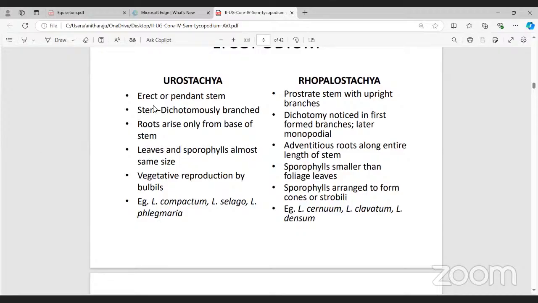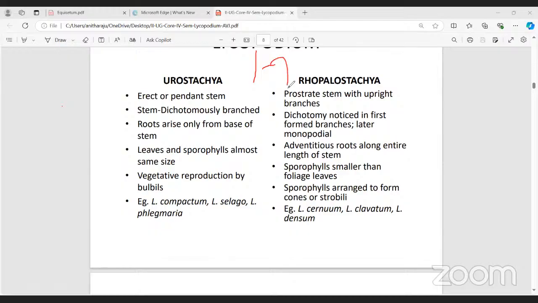First, Urostachya: Lycopodium species erect or pendant. Maybe they are erect in nature like this, or maybe from the substrate they are pendant like this.